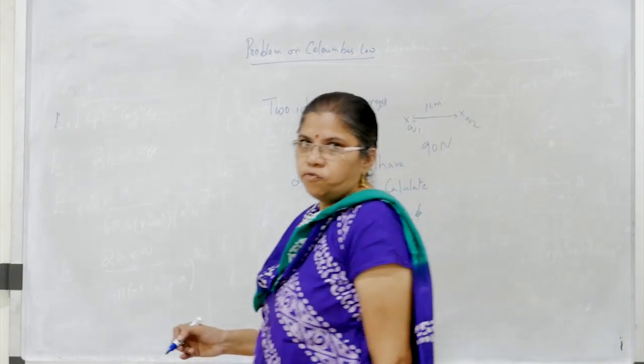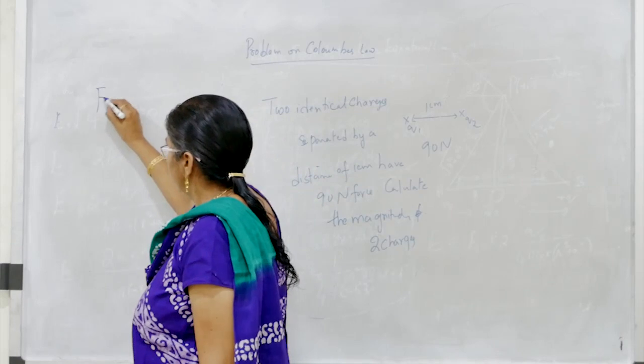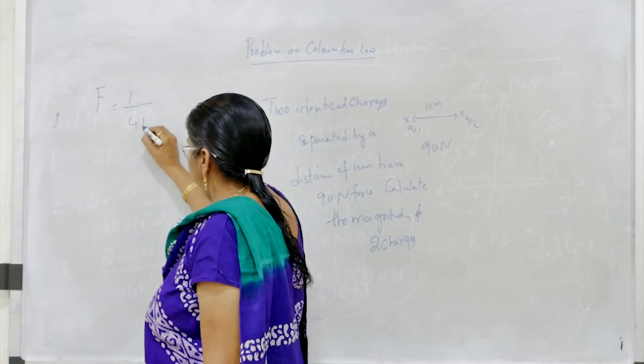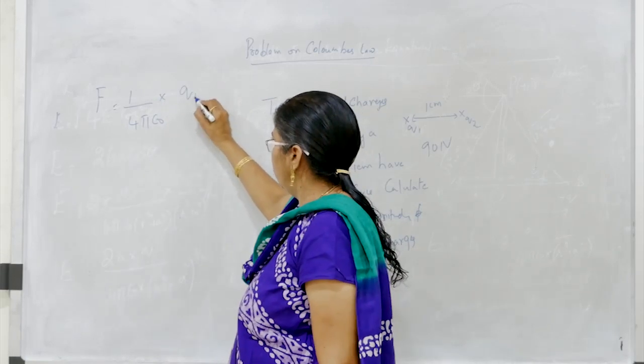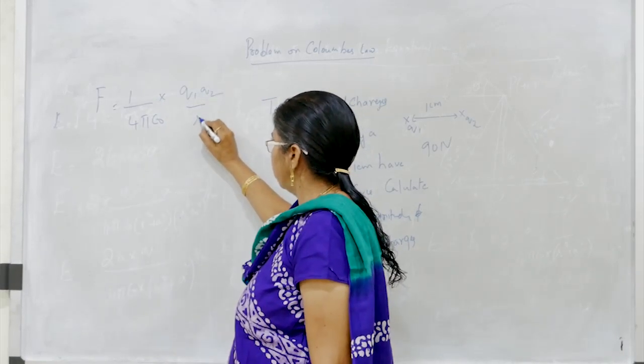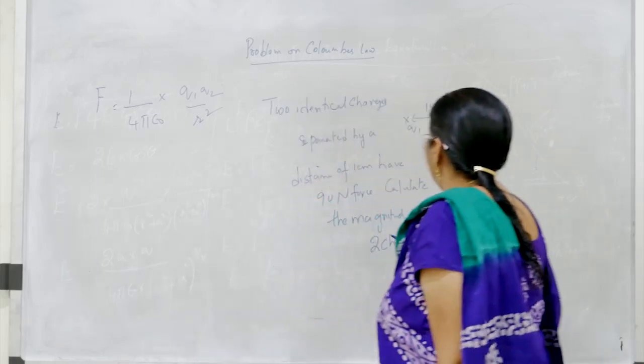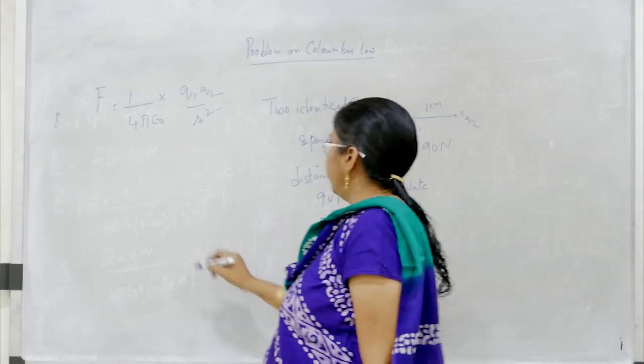So first I use the formula F is equal to 1 by 4 pi epsilon naught into Q1 Q2 by R square. So here I have to calculate Q1 and Q2, the magnitude of the charges.